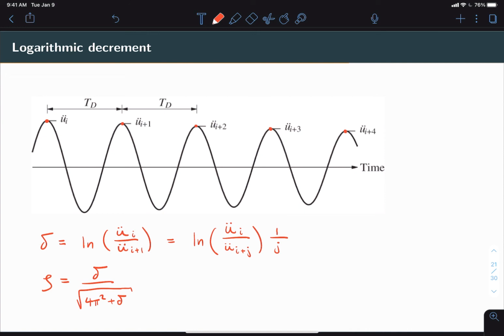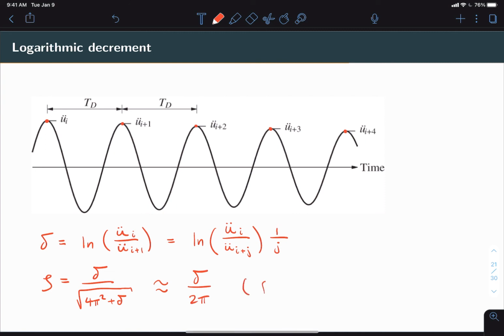So this is the general expression for zeta. So if we know delta, we can plug delta in and get zeta. If the damping is low, this can be simplified even further to delta over 2 pi.